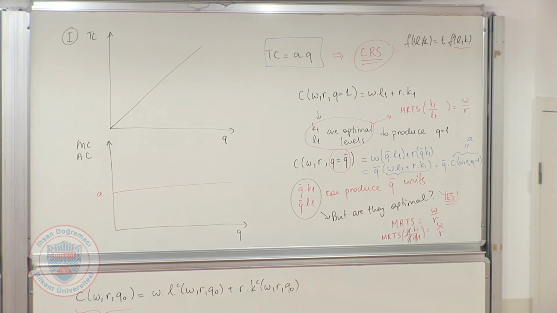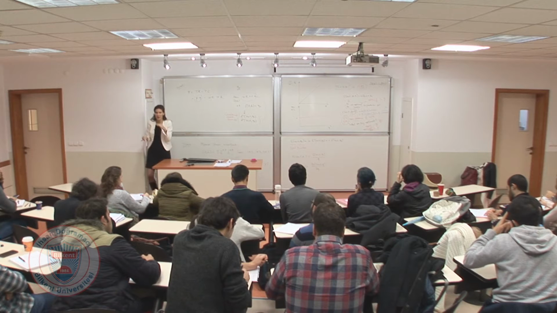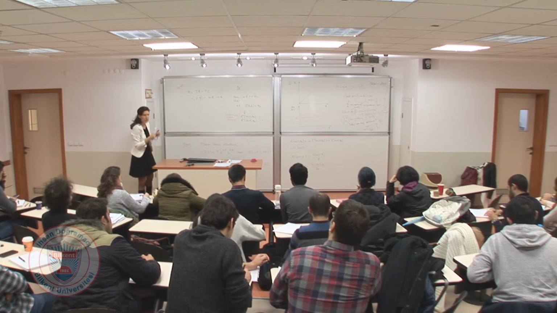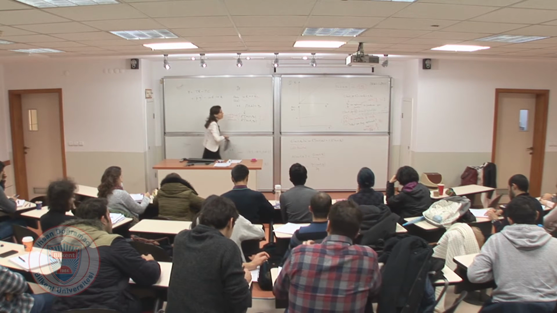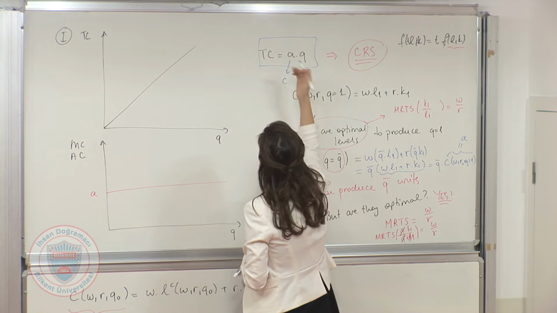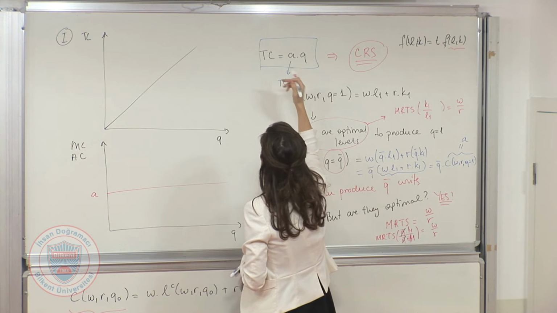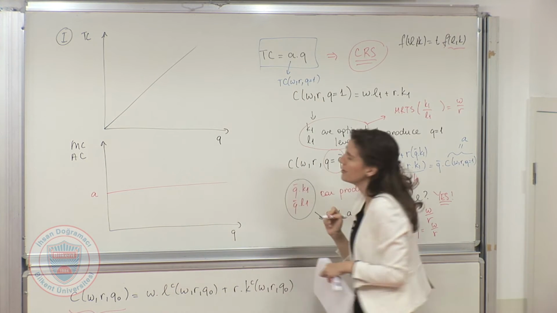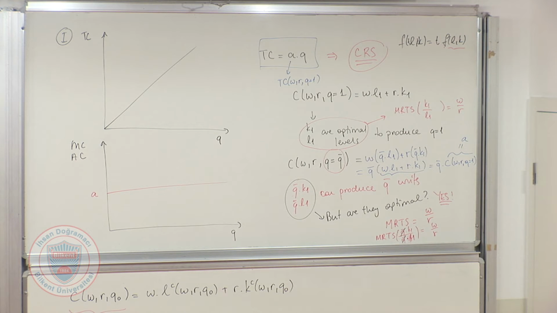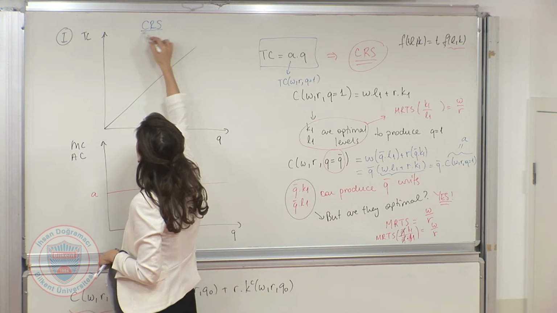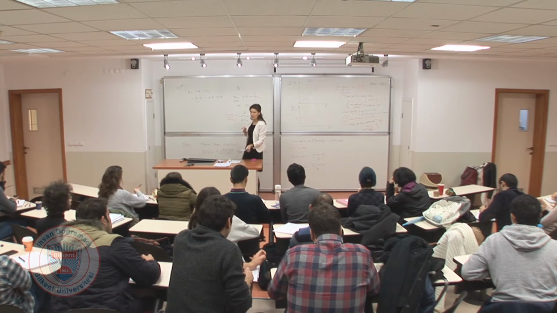It's not that immediate to see. You have to do some arguments, but I hope it's clear. Now we figured out A. Apparently A is the total cost of producing Q equal to 1 at wage and R, so we know what this coefficient is as well. This type of total cost function comes from constant returns to scale.